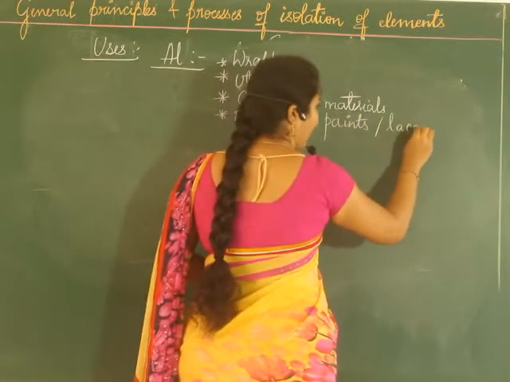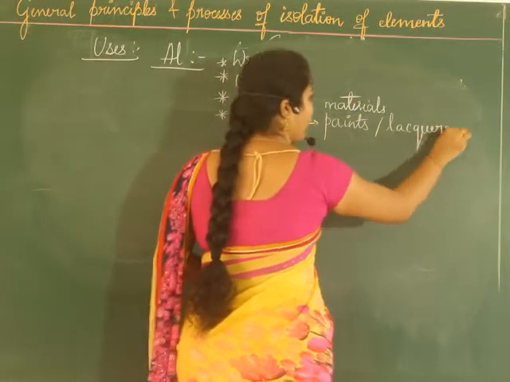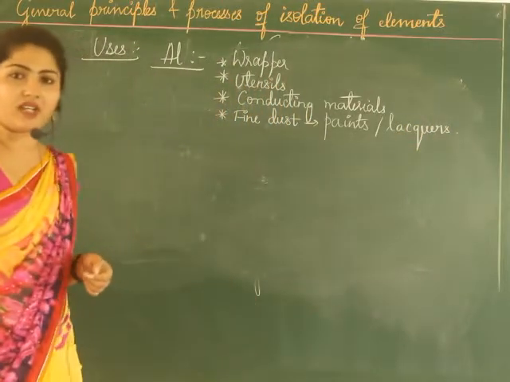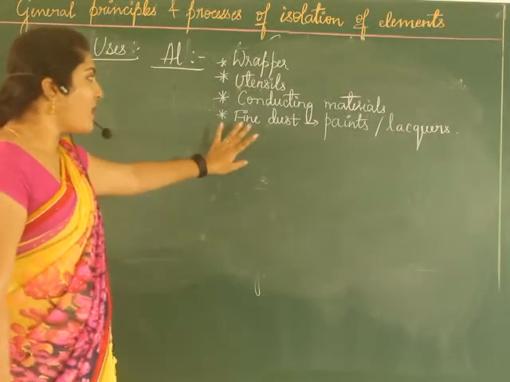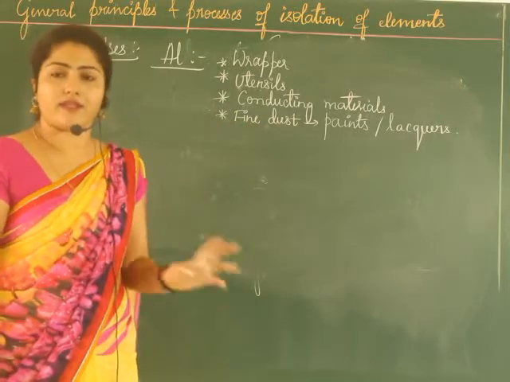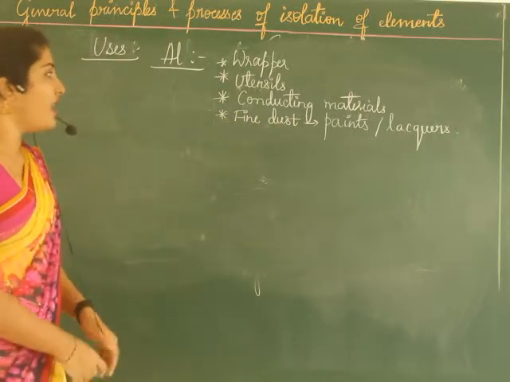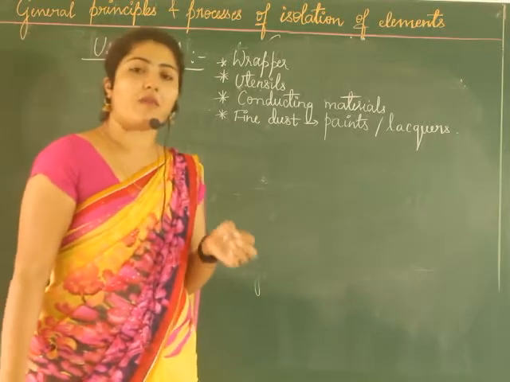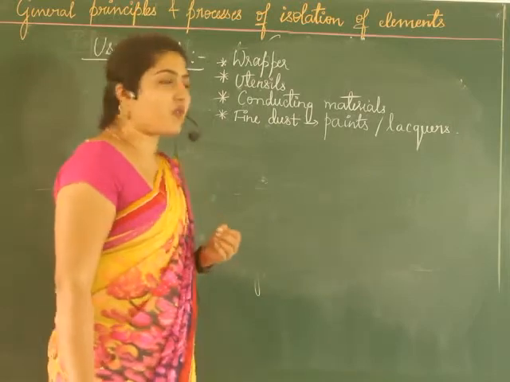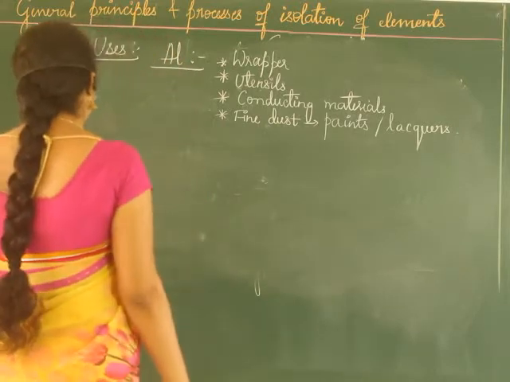Lacquers are the liquid solution used for polishing, similar to varnishes. Fine dust is used in paints, lacquers, utensils, conducting materials, and it plays a very important role in industries. For many purposes it is used.